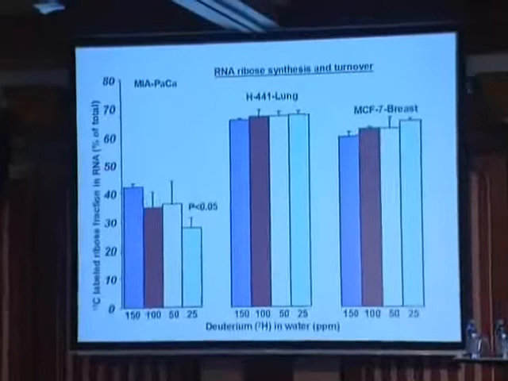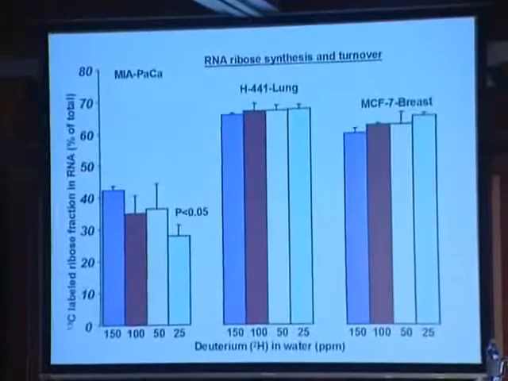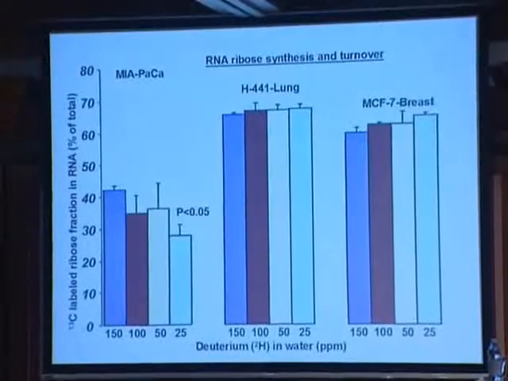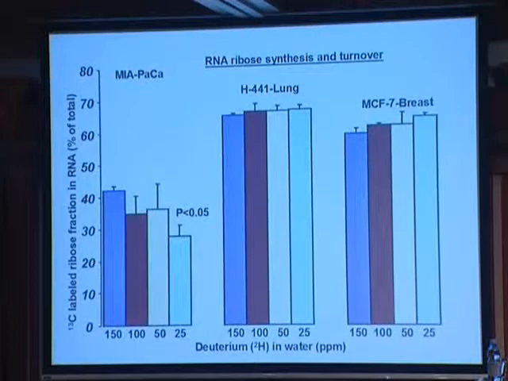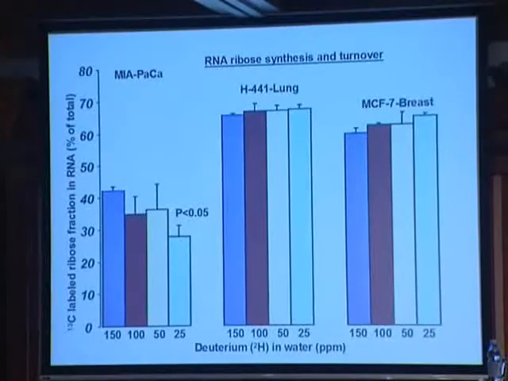So this indicates, again, there is a tumor cell specific response to deuterium depletion, and it seems that the pancreatic cancer cell line, the MIA cell line, is responding to deuterium depletion through the oxidative branch of the pentose cycle.